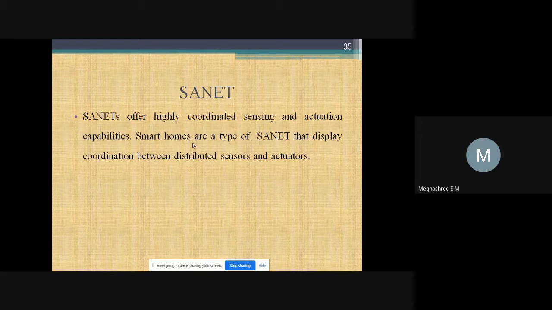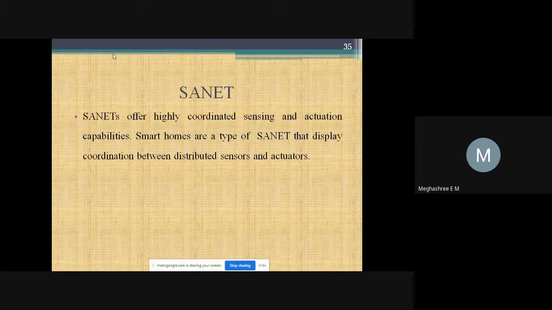So this is a sensors actuator network. I'll repeat: SANET is a network of sensors that sense and measure their environment readings and/or actuators that act on their environment.